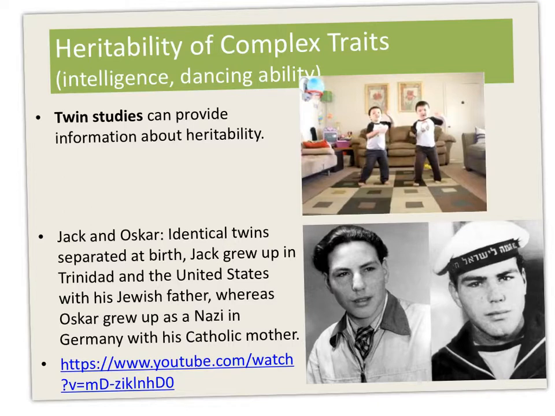Identical twins have the same genes, and they share the same maternal environment in terms of being in the womb. There might be a slight difference depending on whether they share the same placenta or different placentas, but they're still identical genes. Once they're born, they start to come into contact with different environmental factors.